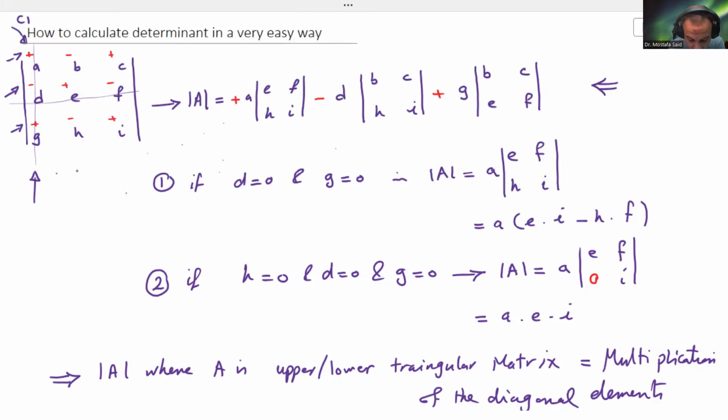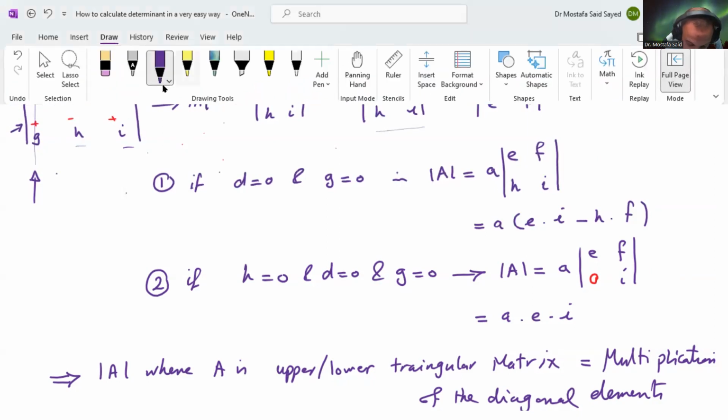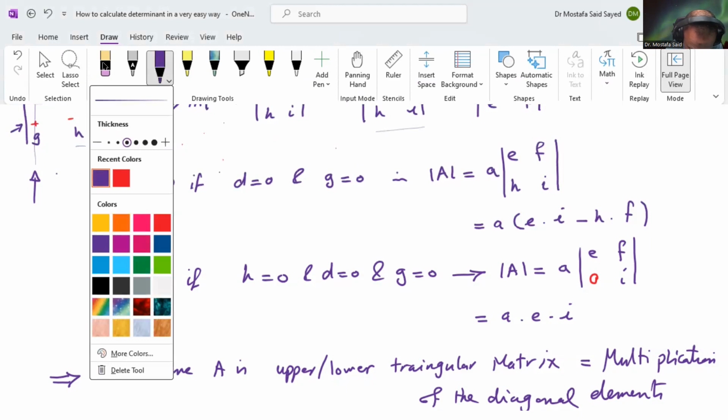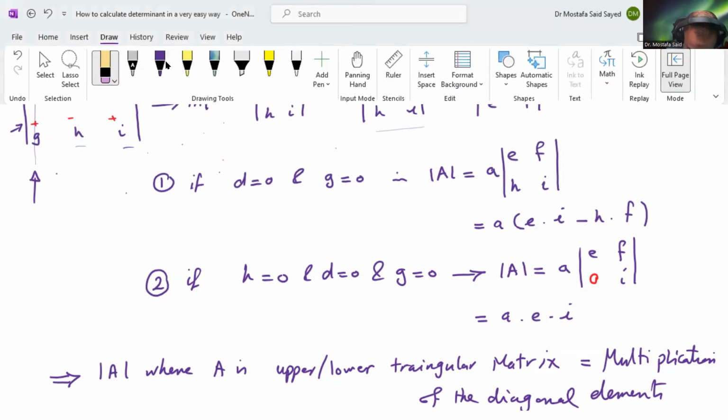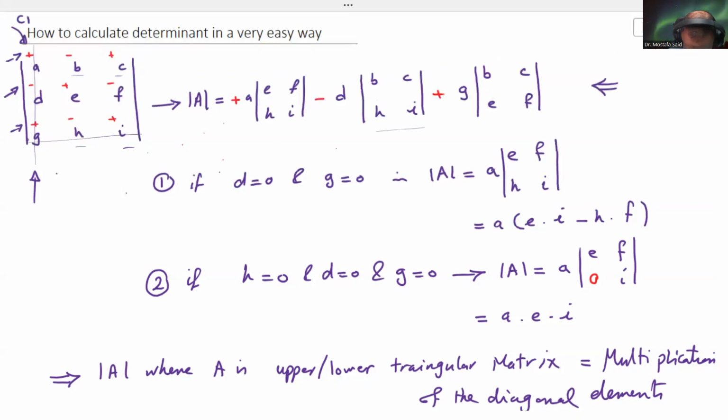So we end up with B, C, H, I. And the same for G. You hash out the first column, but the row is different, it's this row here. So you end up with this submatrix here: B, C, E, F. Okay, guys?